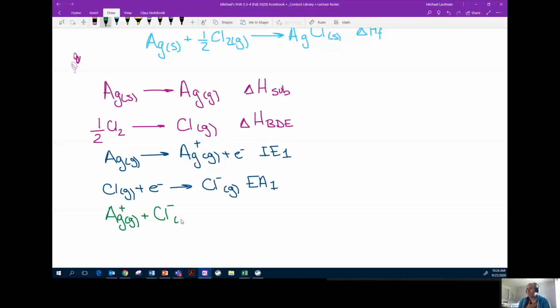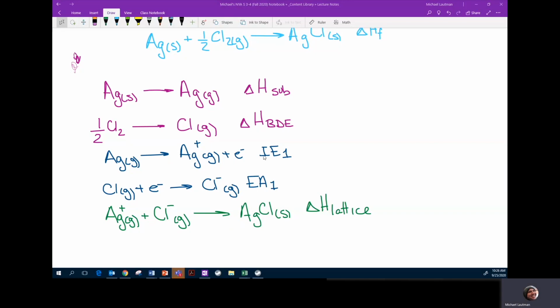The specific steps might be different, but the general steps are always the same: you want to get everything into the gas phase as gas phase atoms, transfer our electrons, and then condense into the solid state.